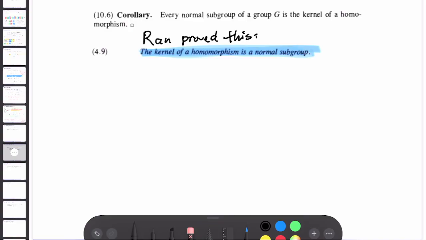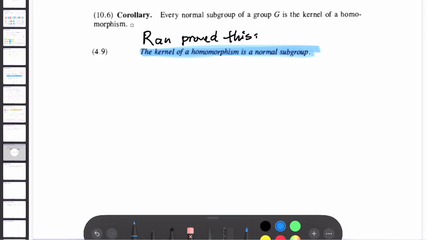But what we now see, because of all of this work that we've done, is that in fact these are the only examples. Not only can you get a normal subgroup by looking at the kernel of a homomorphism, but in fact every normal subgroup has an associated homomorphism that it's the kernel of.